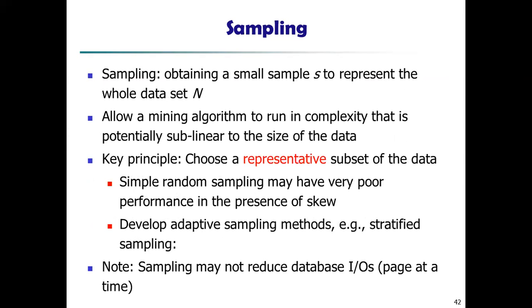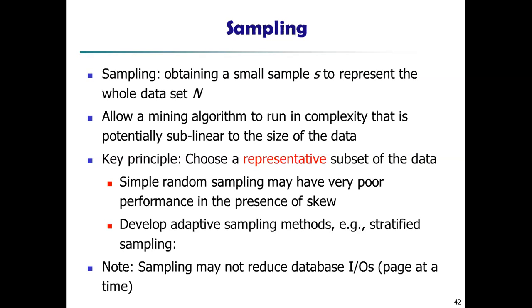Next one is sampling. Obtaining a small sample S to represent the whole data set of N. That is the key principle. We have to choose the mining algorithms so that the mining algorithm can run in complexity that is potentially sublinear to the size of the data.